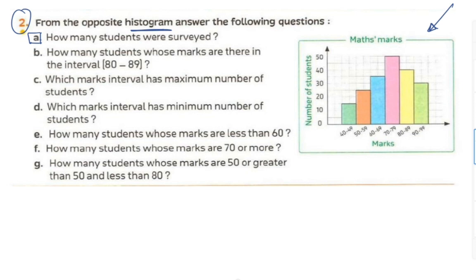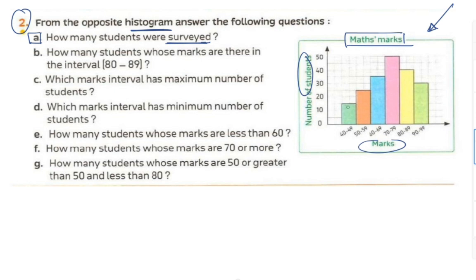We have marks and number of students on the y-axis, and the title is mass marks. These are intervals of degrees and number of students on the y-axis. Students surveyed means total students, so I need to add all the students.